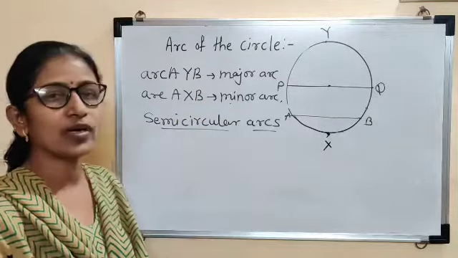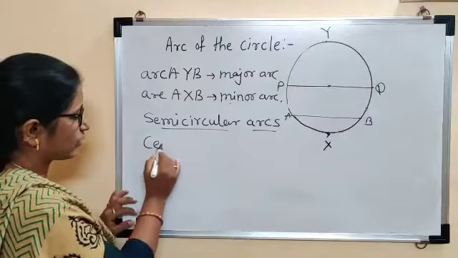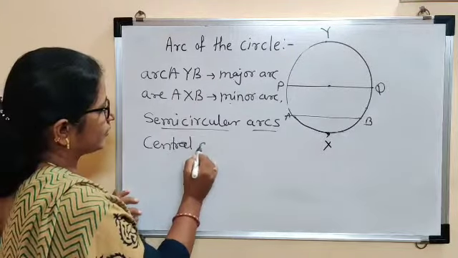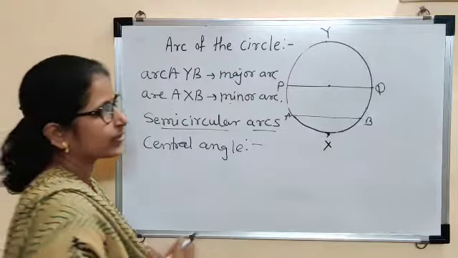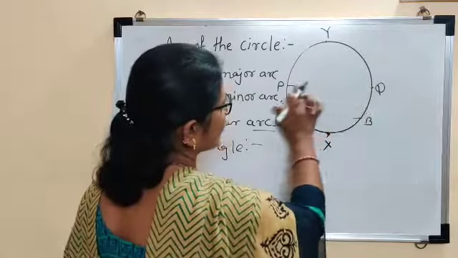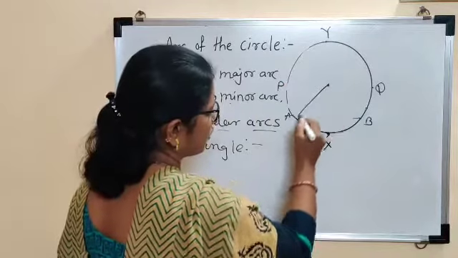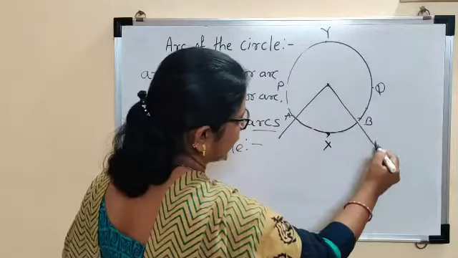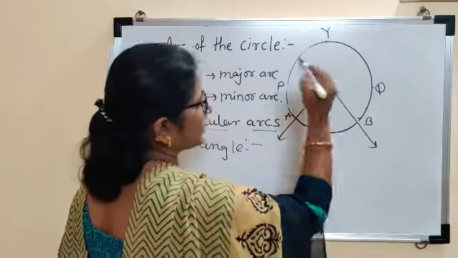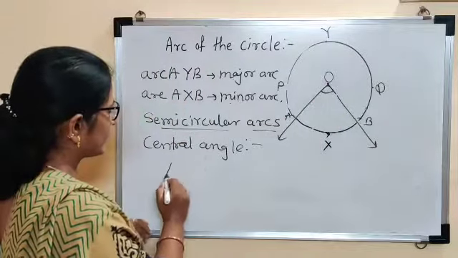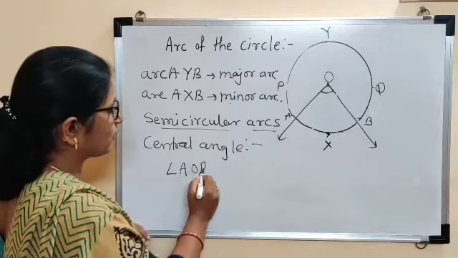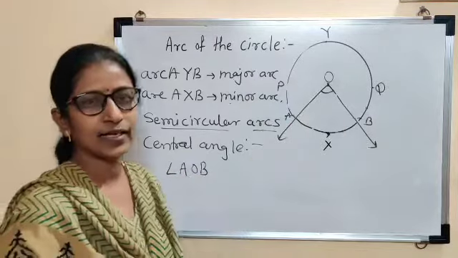Next part is called central angle. What is central angle? Now, central angle and the measure of the arc. When can we draw the central angle? This is the center. When you draw an angle from the center, this is called central angle. Angle AOB is a central angle.